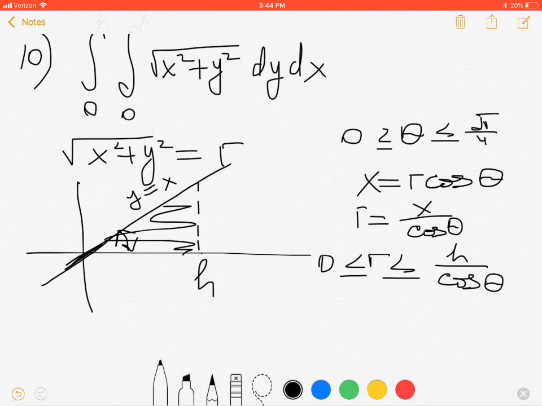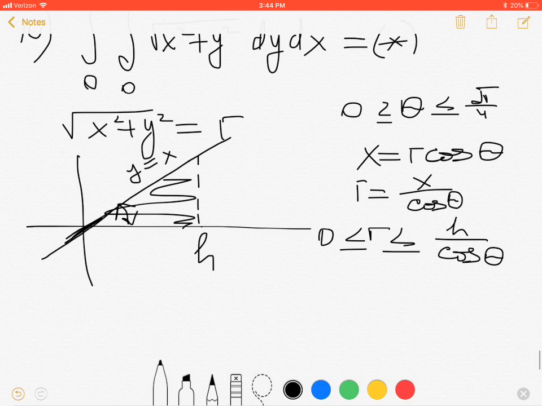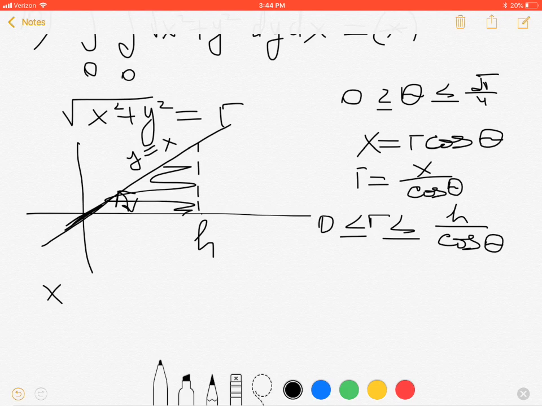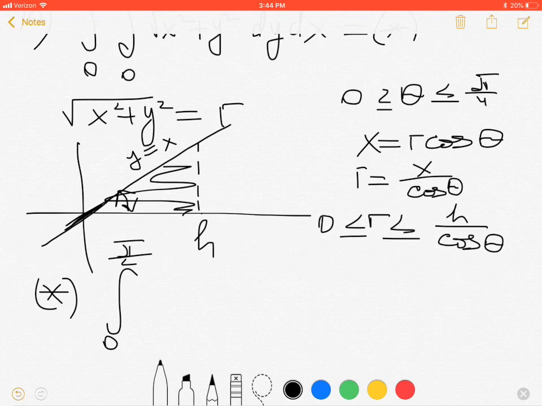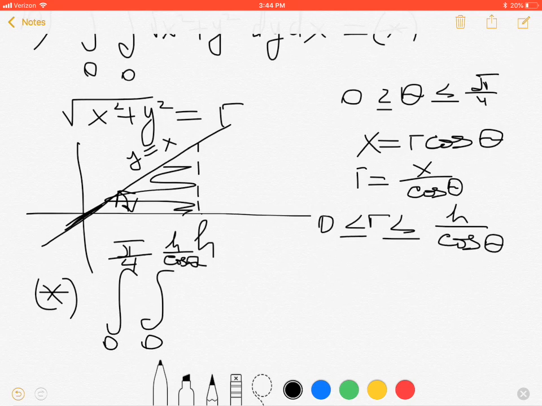This is the hardest part of this integral, because all the others are very simple. And our integral will be theta changing from 0 to pi over 4, r changing from 0 to h over cosine theta.